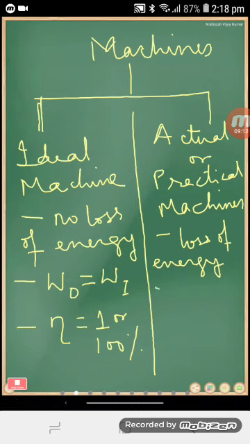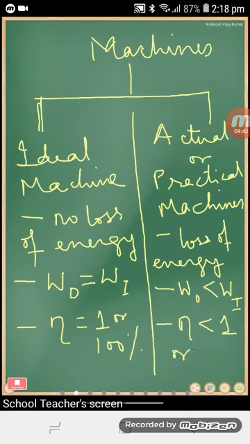Work output will always be less than work input, and since work output is always going to be less than work input, it means the effort you are applying, you're doing more work, and the result we are getting is less work. Now this might create a confusion to you. As a result the efficiency of the machine is always less than 1 or 100%. All right, so this is how we define the ideal machine and the actual or the practical machine.